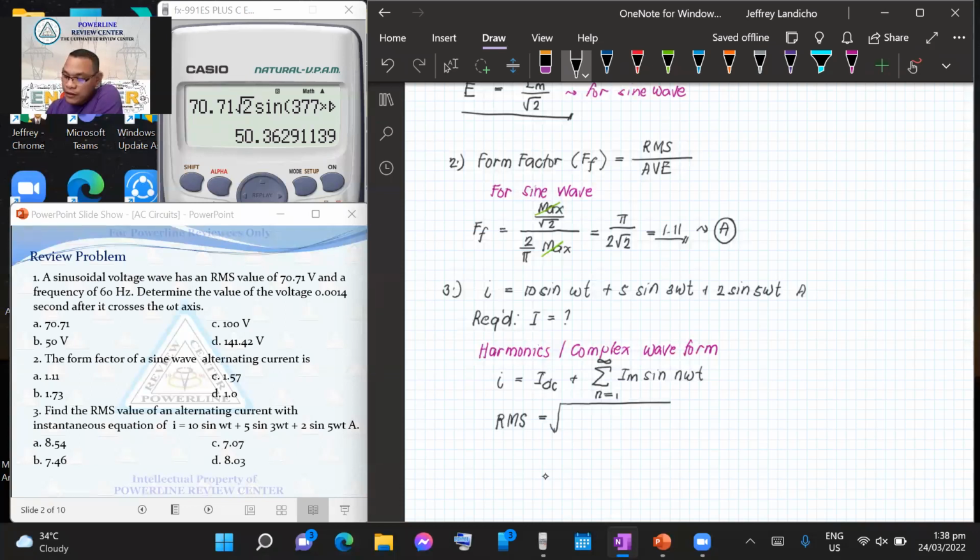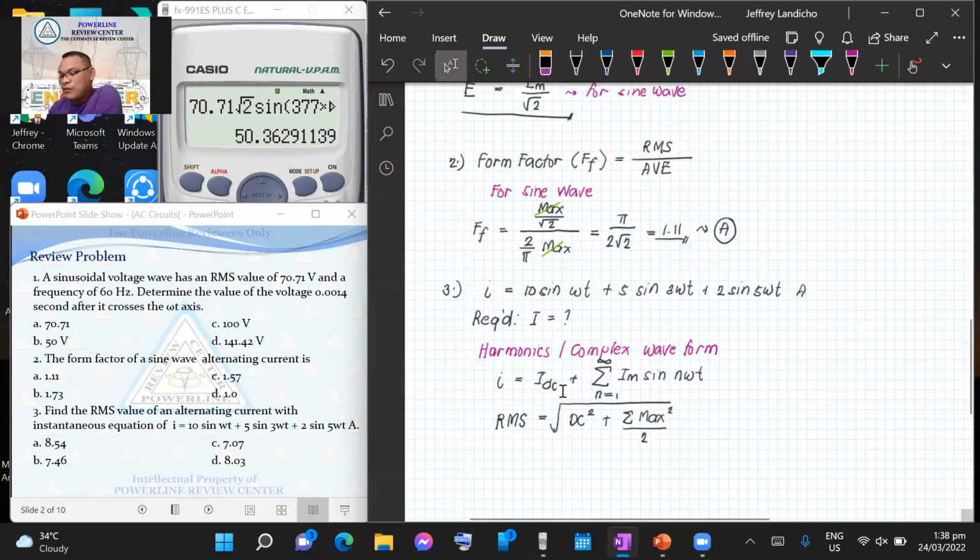No? So that is whatever the DC component is squared mo plus you have the summation of maximum value for any alternating quantity is squared mo, i-divide mo na lang na 2. So that is now the RMS value for this given waveform.